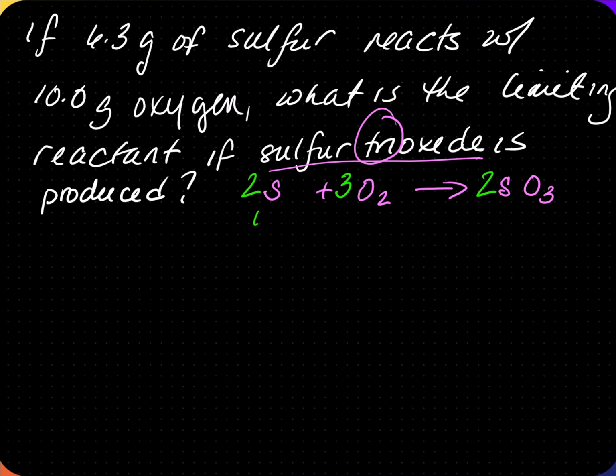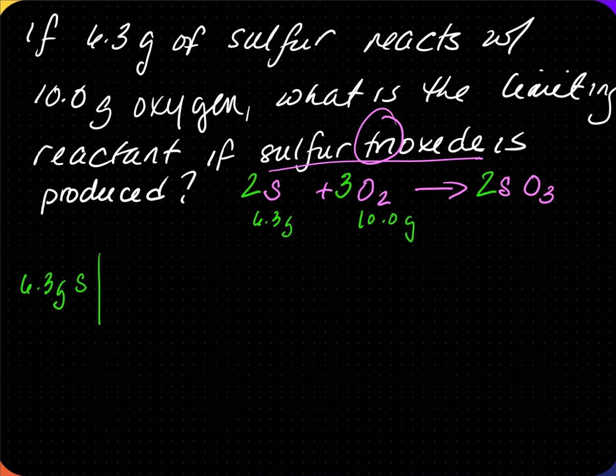We have 6.3 grams of sulfur, 10.0 grams of oxygen. Since information is provided on both reactants, we need to do stoichiometry twice. We're going to start with what's given, which is 6.3 grams of sulfur.